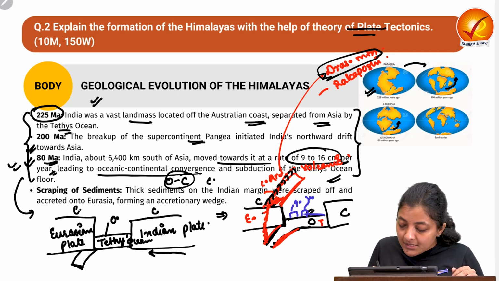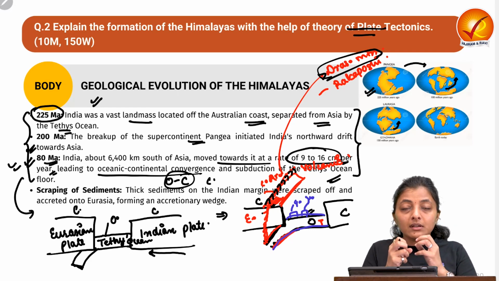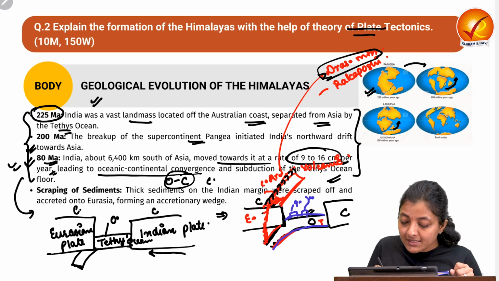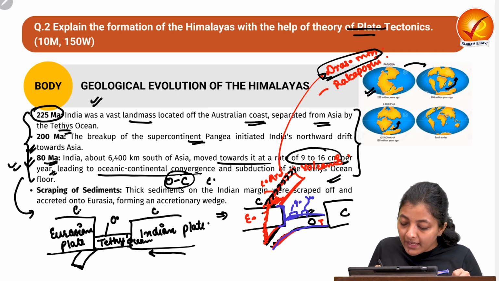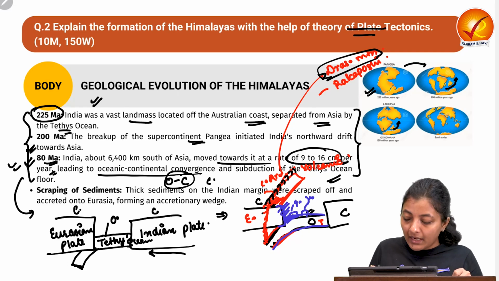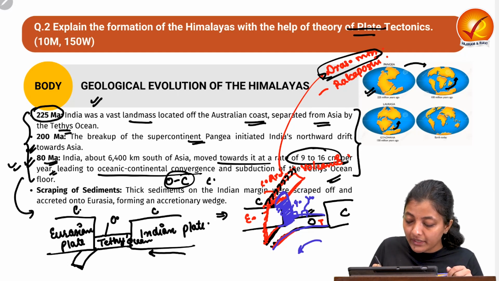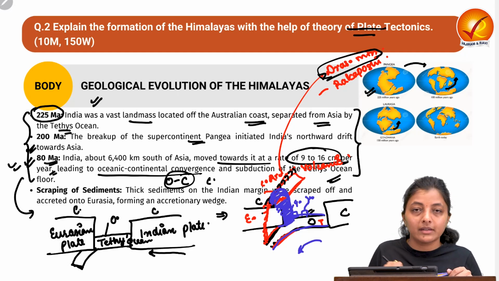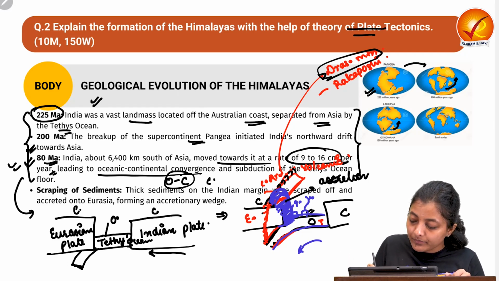So when this oceanic plate is getting subducted, the features, rocks, and sediments get scraped off by the continental plate and accumulate over here. As this plate moves downwards, all the debris, rock material, and sediments keep accumulating. This is known as the accretionary prism.